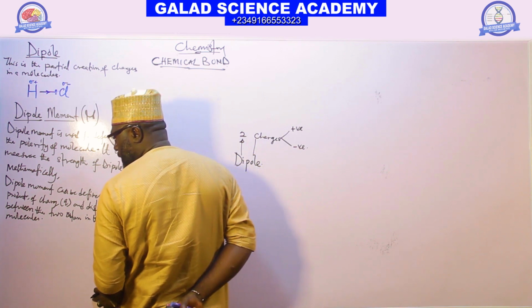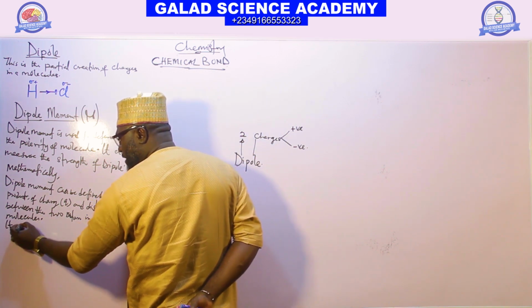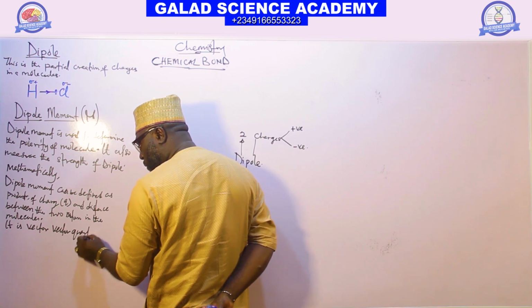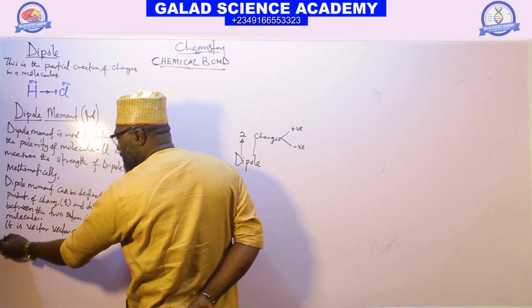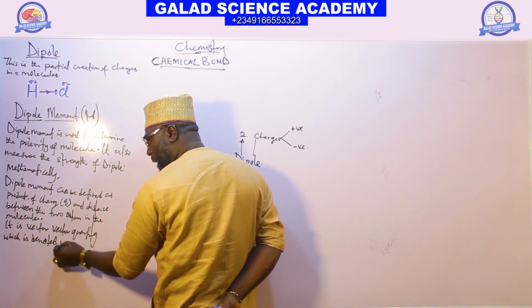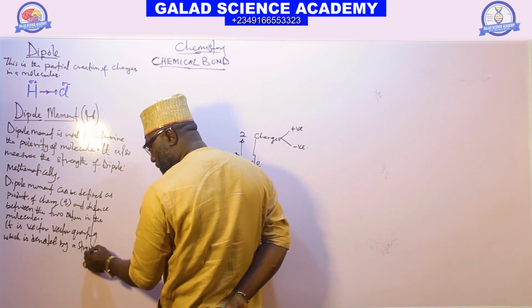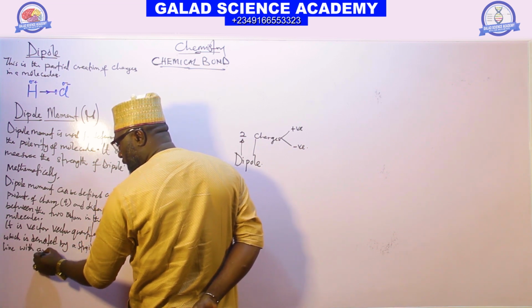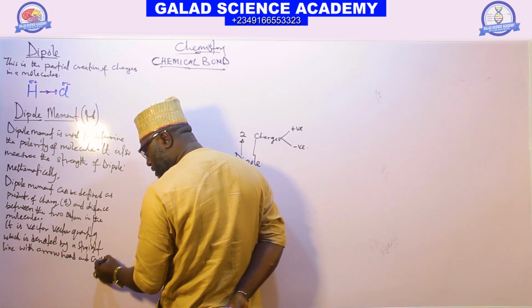And dipole moment is a vector quantity, which is denoted by a straight line with an arrow head and a cross tail.